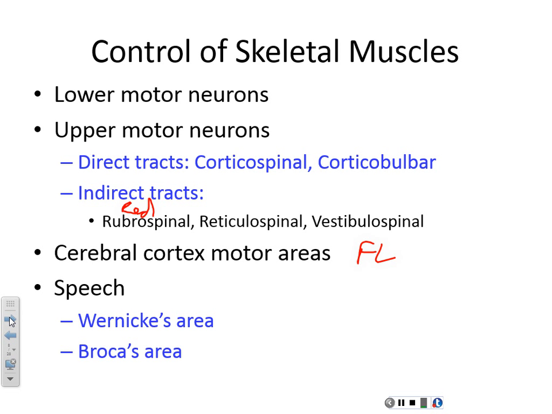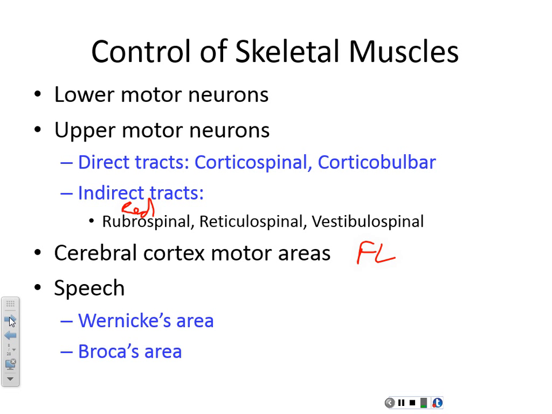I'm sprinkling the definitions in, so I'll throw it in the definition and ask, what is Wernicke's area? How is it involved in speech? It does comprehension, word choice, comprehension of words.